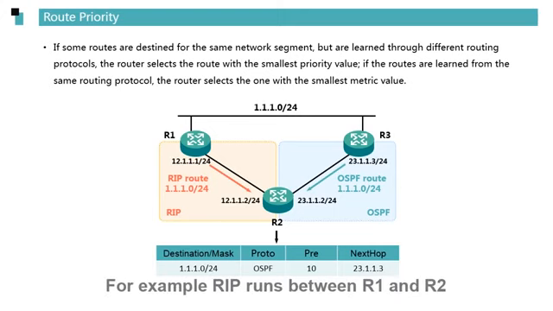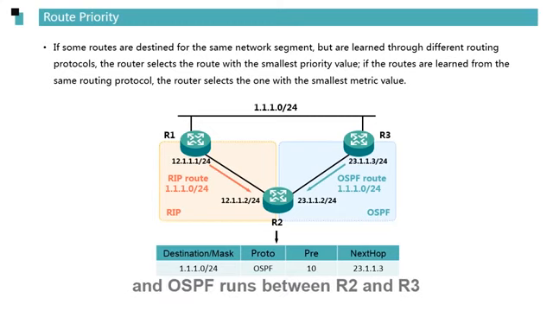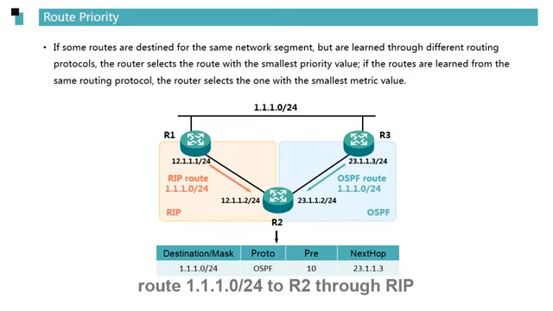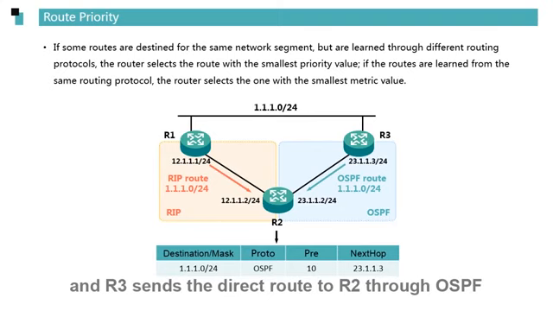For example, RIP runs between R1 and R2, and OSPF runs between R2 and R3. R1 sends its direct route 1.1.1.0/24 to R2 through RIP, and R3 sends the direct route to R2 through OSPF.